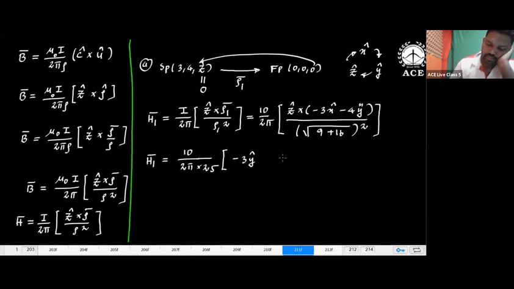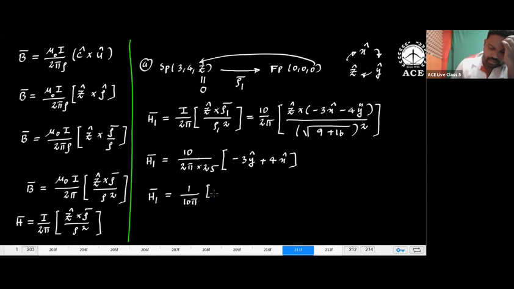Z cross y is minus x, so it is plus 4x cap. So H1 is equal to 1 by 10 pi into 4x cap minus 3y cap. Units are ampere per meter.